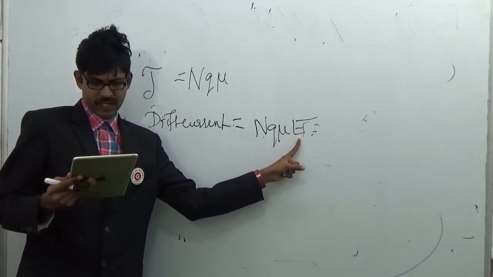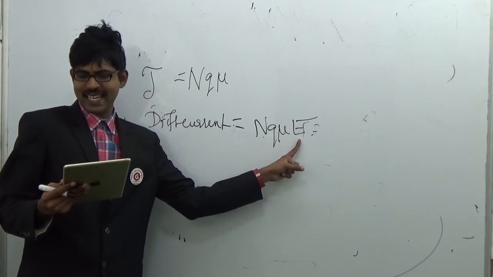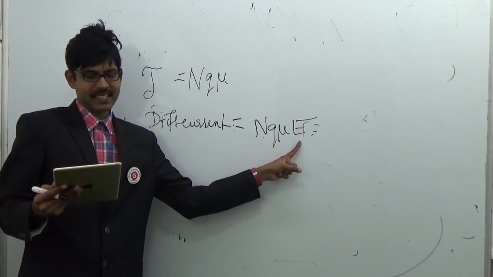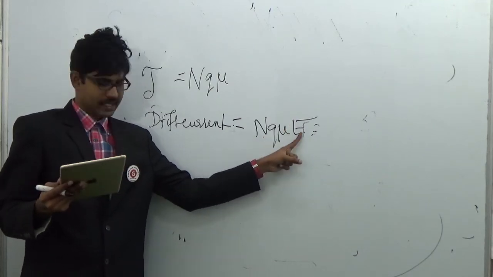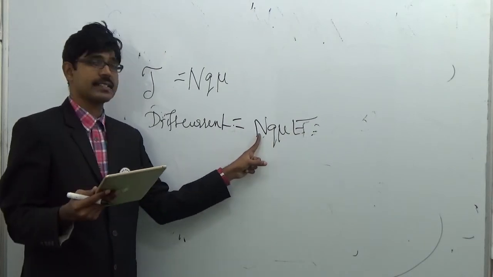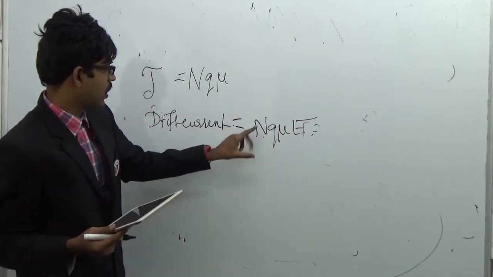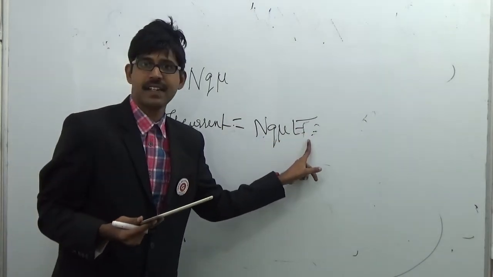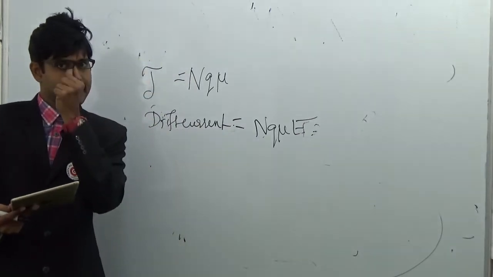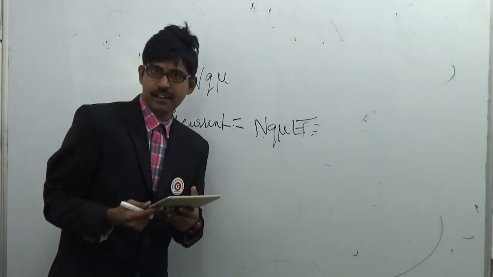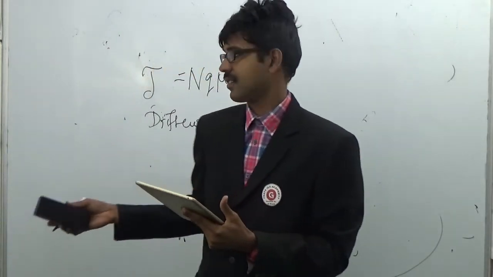So the right option among them: only electric field, no; only concentration gradient, no; electric field as well as carrier concentration must be the right answer. Carrier concentration is given by N, electric field is given by E, so the right answer is electric field as well as carrier concentration.